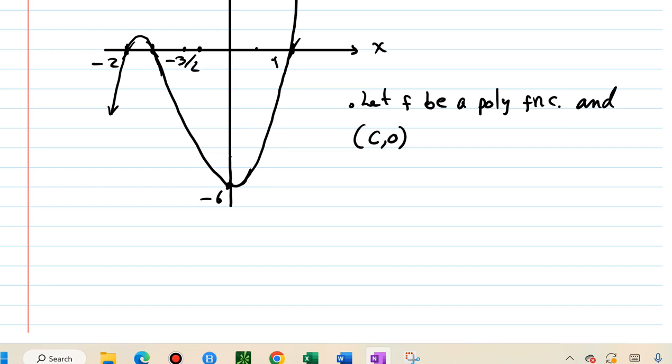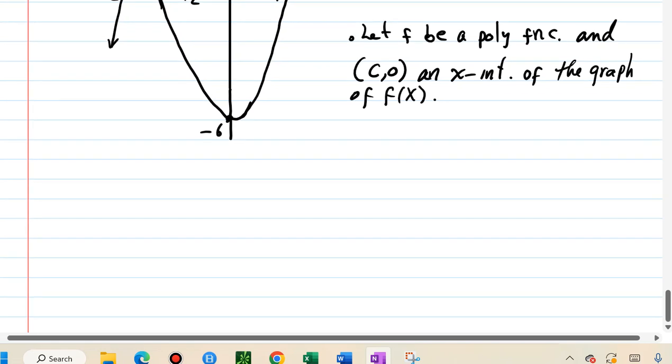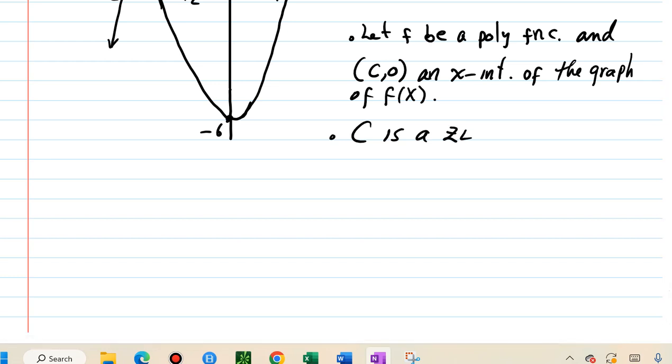Some intercept, c is a constant. Let's make it an x-intercept of the graph of f(x). So if I have an x-intercept, then c is also a 0 of the function.